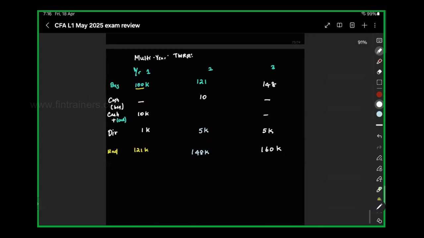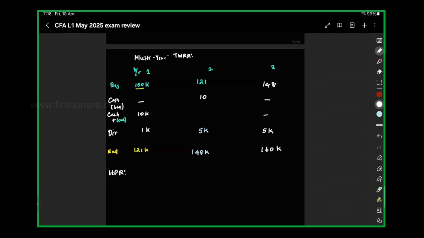Okay, let's compute the TWRR. So let's do the holding period return for first year, second year, and third year. Once you have your holding period return, please calculate the geometric return, and that will give you the annualized time weighted rate of return. You can send in your HPR one by one, year 1, 2, 3. You can send in your values as soon as you get it.